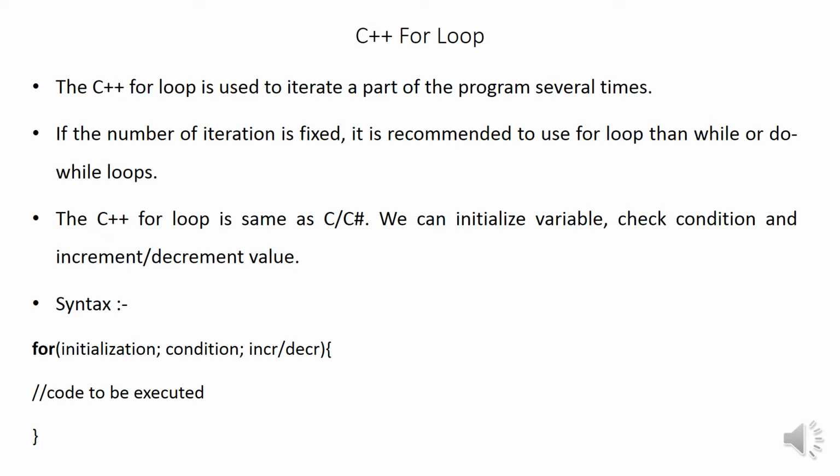The C++ for loop is the same as in C or C#. We can initialize a variable j, a condition, and increment or decrement the value. So the syntax of the for loop is: for, bracket, initialization, semicolon, condition, increment or decrement, then open curly and close curly.